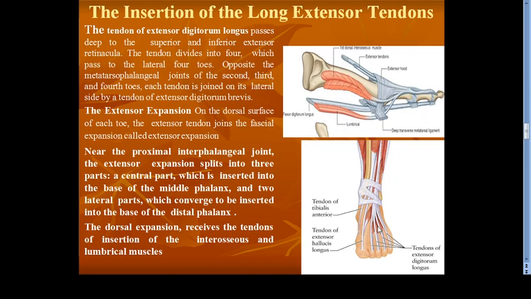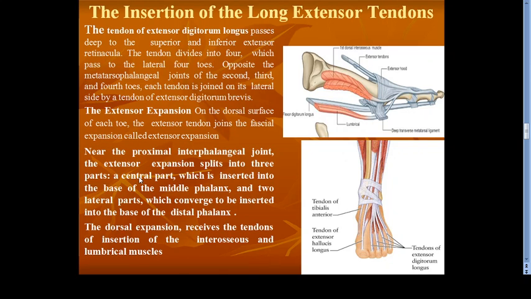Right? Now there is something known as extensor expansions. On the dorsal surface, the extensor tendons are joined by a fascial expansion, which forms an expansion named the extensor expansion. Near the proximal interphalangeal joint, the extensor expansion splits into 3 parts, right?